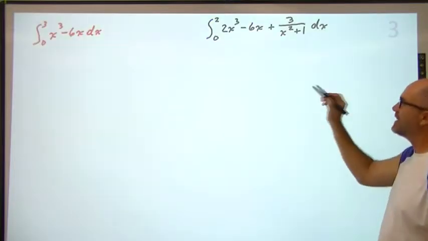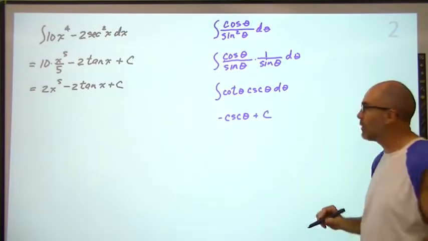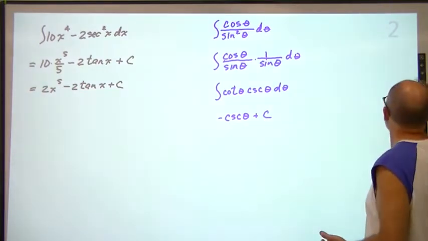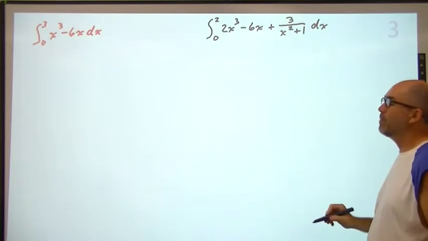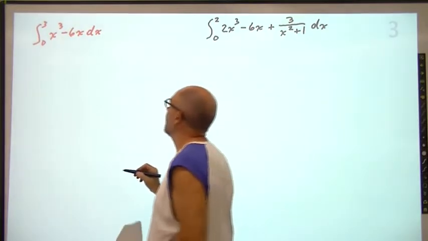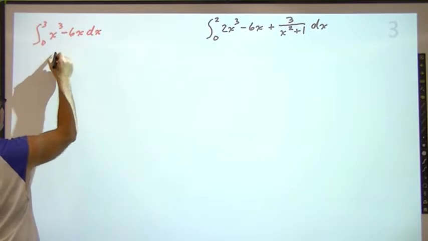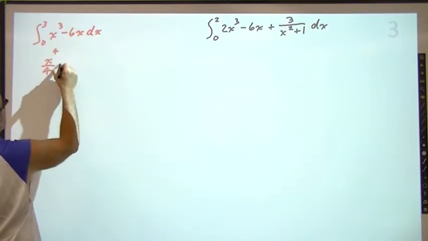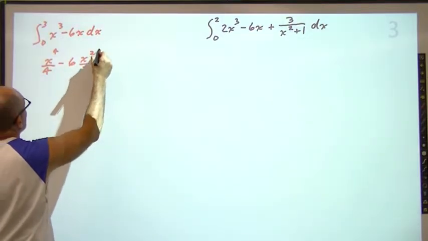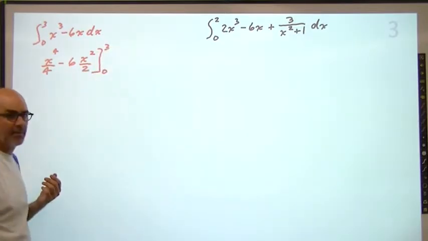Okay, now we've got a definite integral. Notice the first two examples were indefinite integrals. The solutions were functions. Now, our solution will be numeric values. So, we've got the integral from 0 to 3 of x cubed minus 6x dx. So, this becomes x to the fourth over 4 minus 6 x squared over 2. Now, we don't go plus c, we go from 0 to 3.